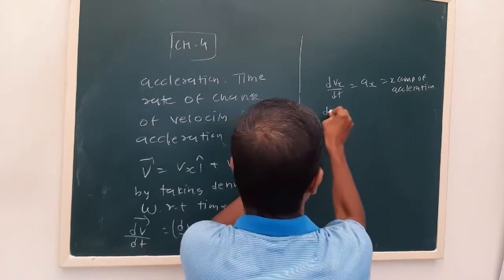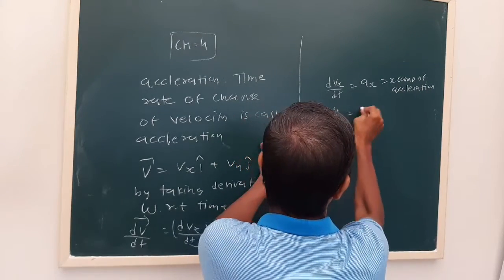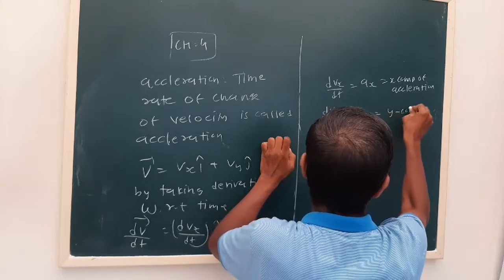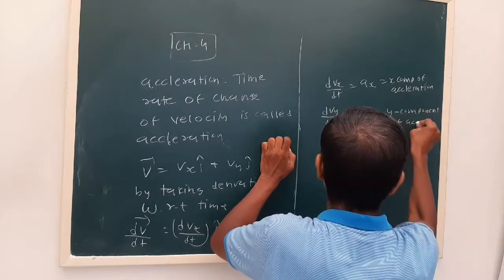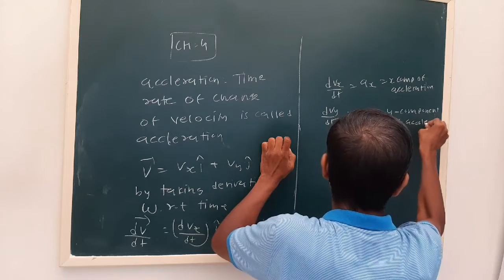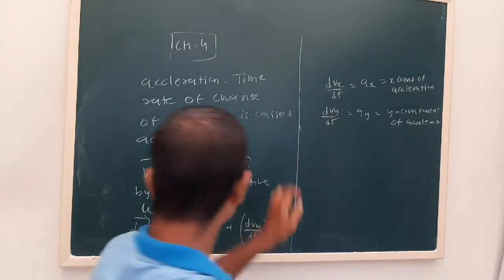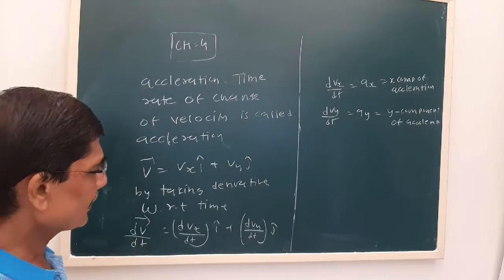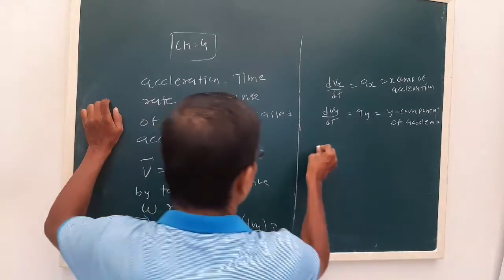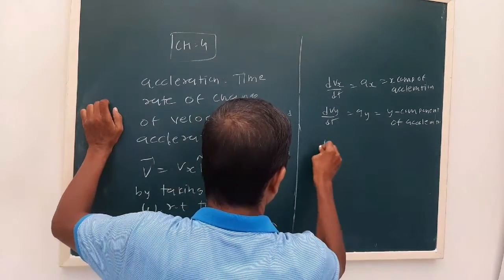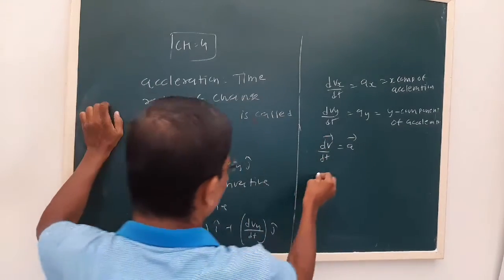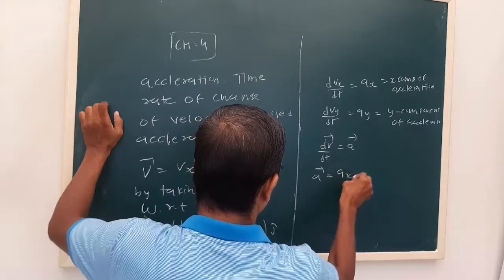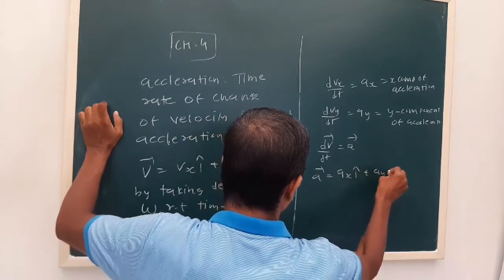Okay, dvy by dt is the y component of acceleration. Now we can write acceleration in terms of the components, and dv by dt is a, so we can write a is equal to axi plus ayj.